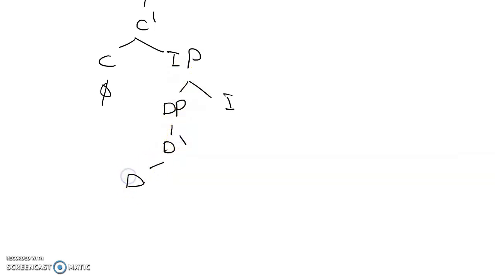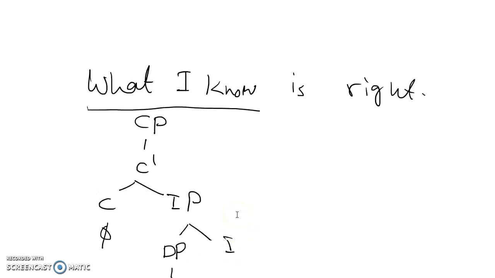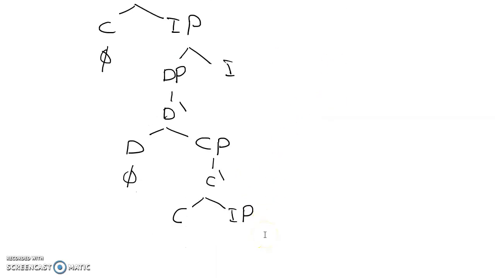This D bar consists of a D and a CP. Why do I have to have CP? Because I have the complementizer what. So instead of having NP, I include CP. For the D, I have nothing, of course. I don't have any determiner, so I leave it as phi. And the CP consists of a C bar. This C bar consists of a C and an IP, of course. Now, what is the meaning of this IP? This IP means the clause I know. Okay, let's continue.